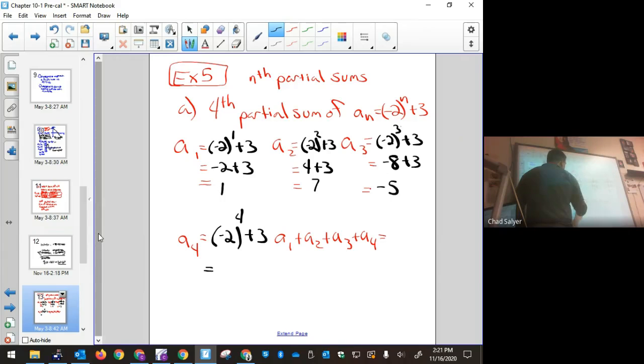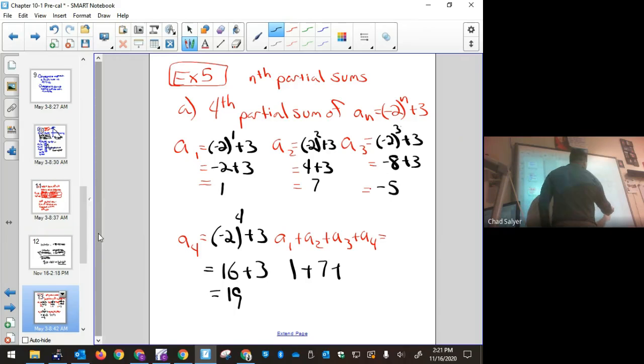So that's going to be positive 16 plus 3, or 19. So the fourth sum is going to be 1 plus 7 plus negative 5 plus 19. So that's 8, 3, 22.